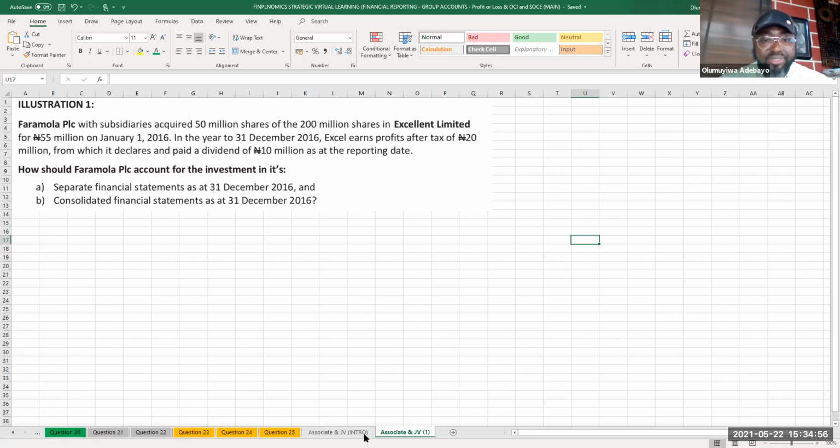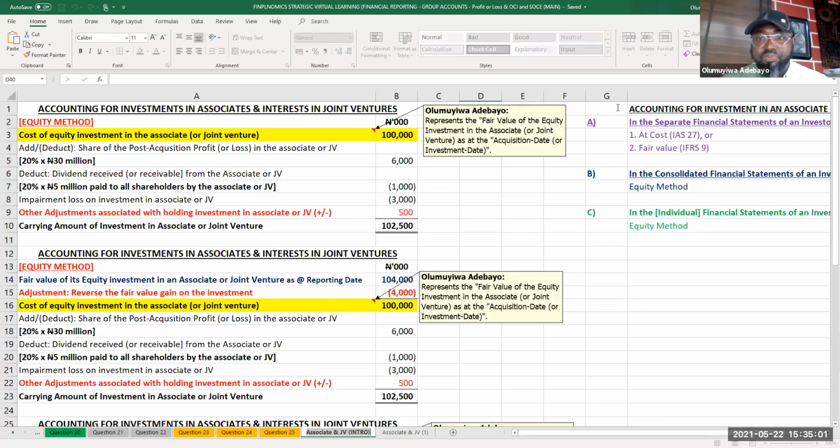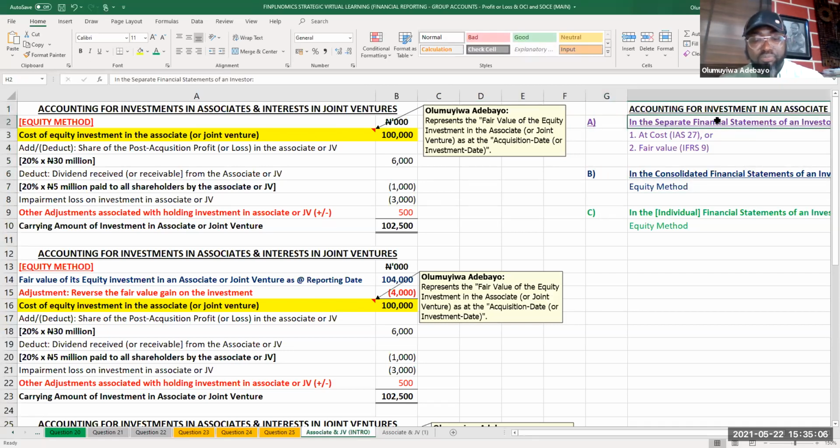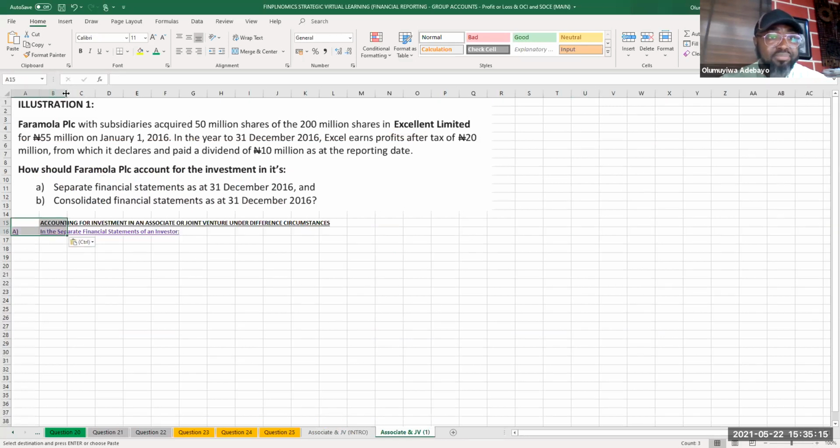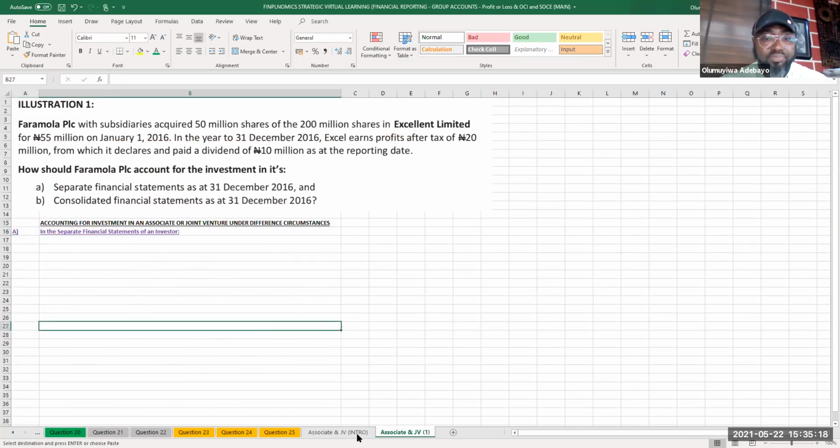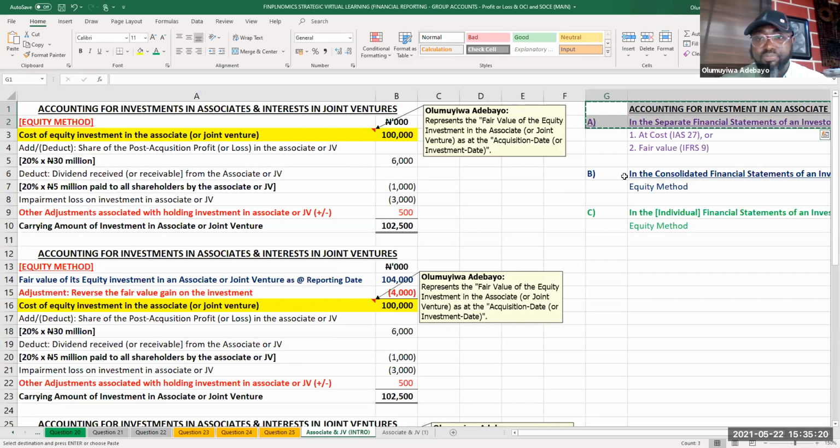Who will attempt it, please? Who will volunteer? I can't hear anybody's voice or any hands being raised.